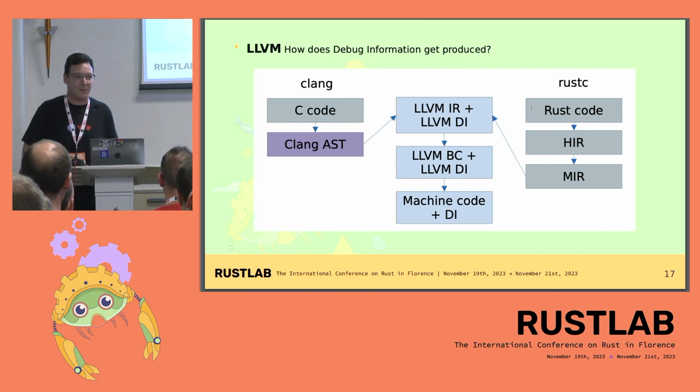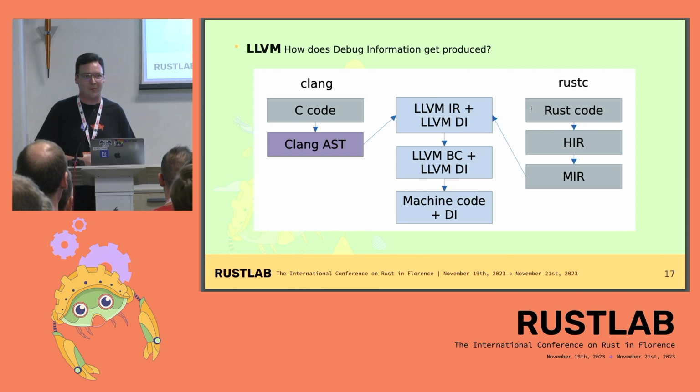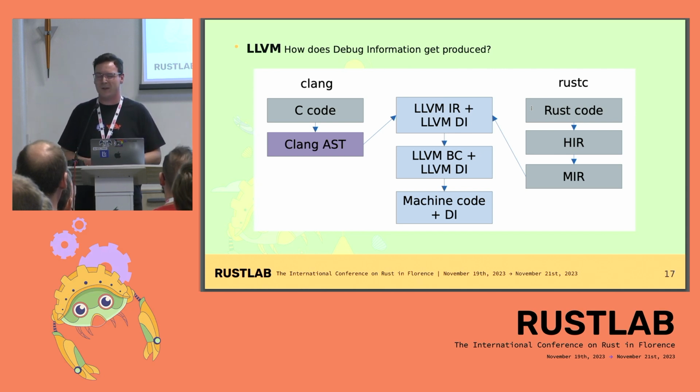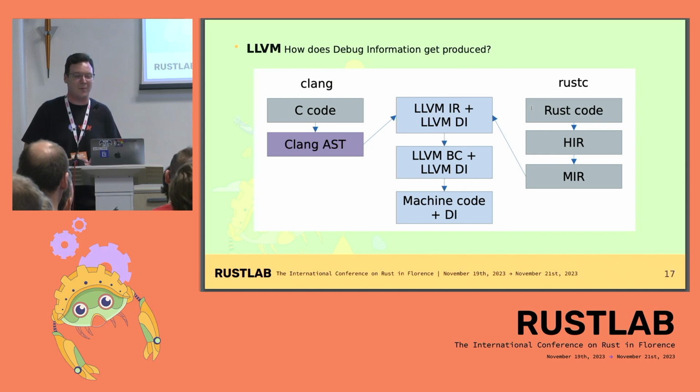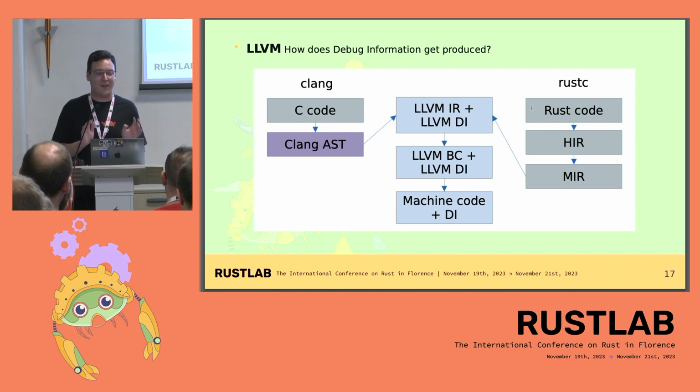And LLVM, in order to support different compiler frontends, has something called IR, which stands for intermediate representation. I think the best way to describe LLVM IR is something in between C and assembly.